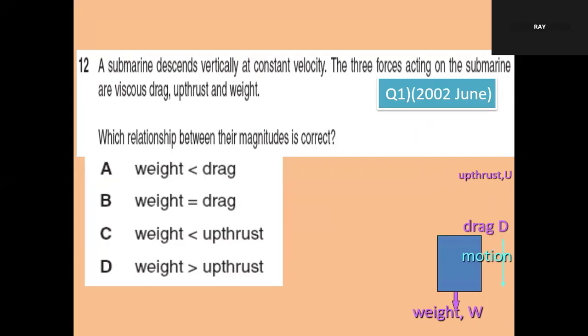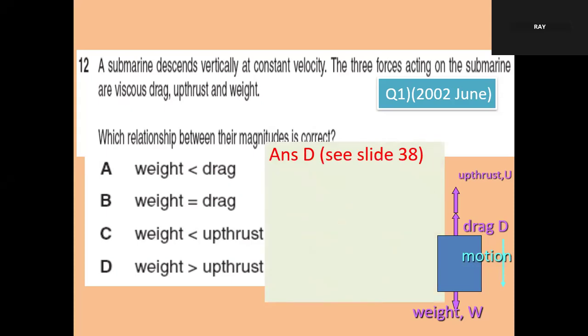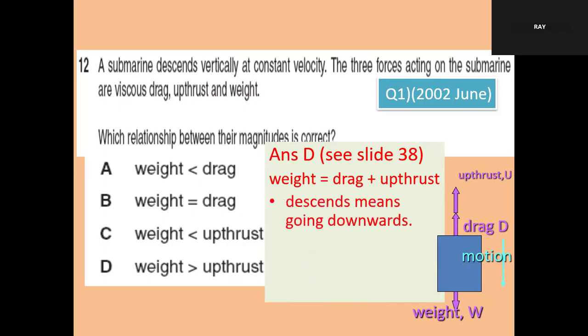There's the motion, the weight, the drag, the upthrust. A constant speed means they are in equilibrium. Weight downwards is balanced by drag and upthrust. Descent means going down; drag or friction opposes motion. That's the equation. That means weight is greater than drag, and weight is greater than upthrust.